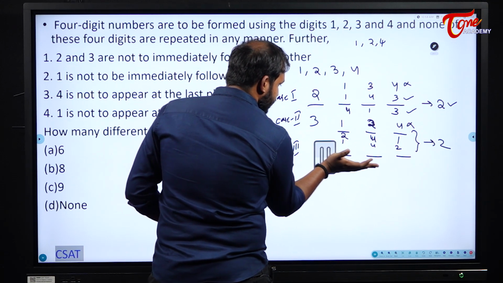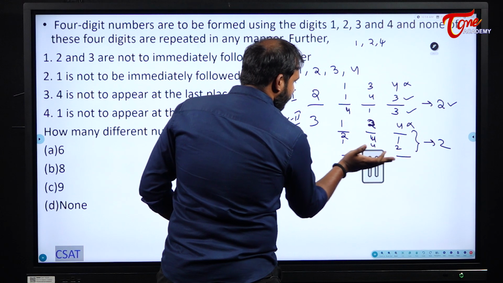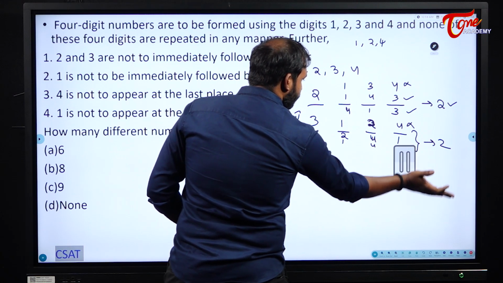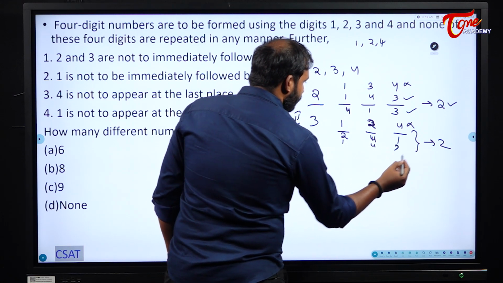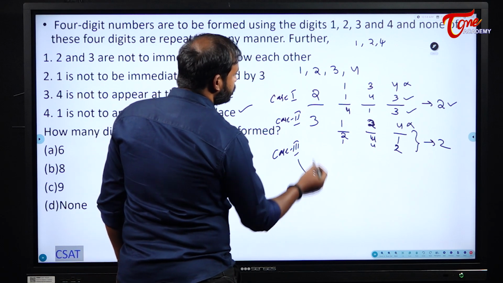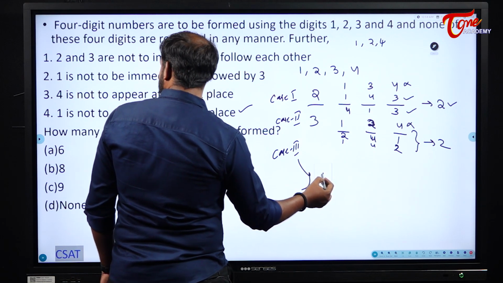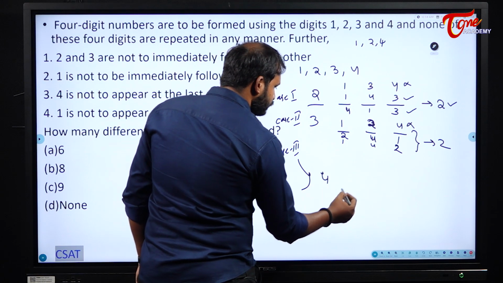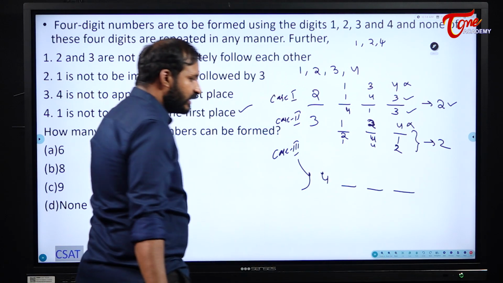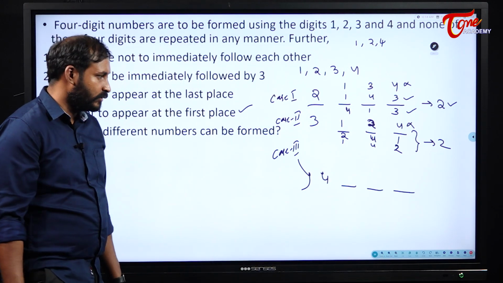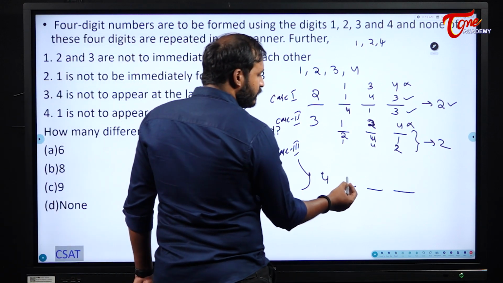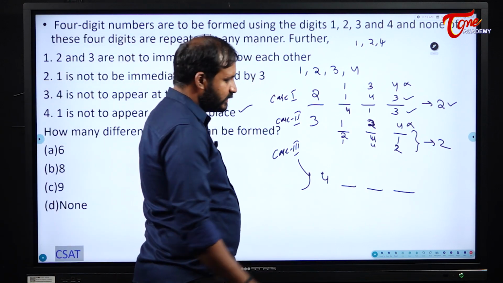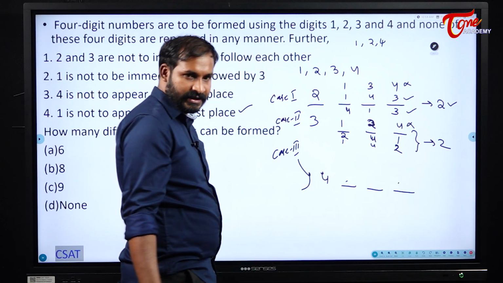I will write case 3 a little bit down. When it comes to case 3, it should start with what? 4. Now what does it become for me? 3 and 2 should not be neighbors, so definitely 3 and 2 should be here and here.